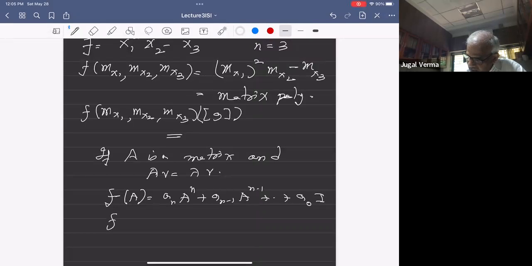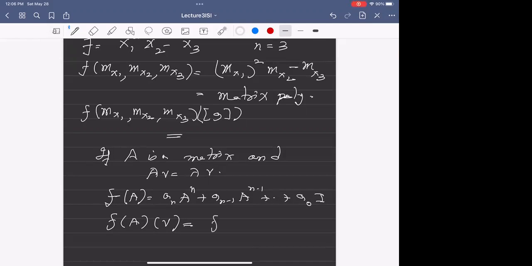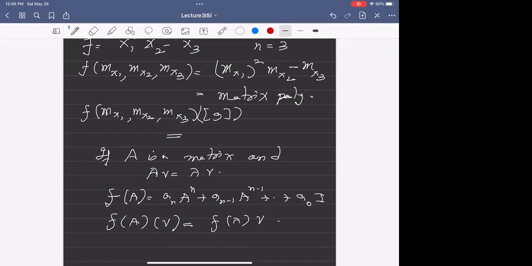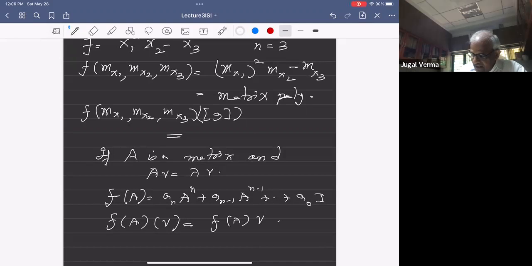Then when I operate this f(A) on v, what do I get? f(lambda) times v. You must have done this exercise: if I know the eigenvalues of A, then the eigenvalues of f(A) are f(lambda), with the same eigenvector.